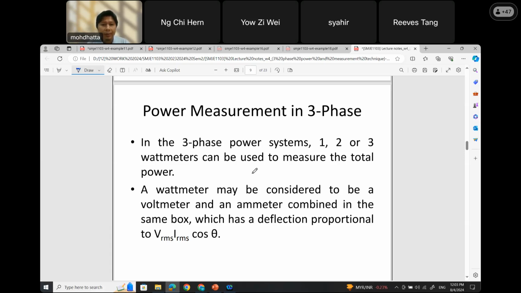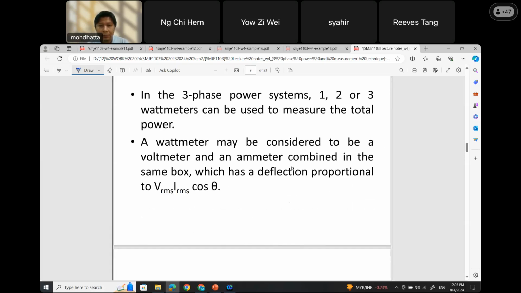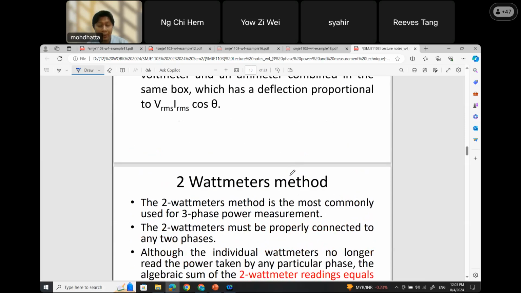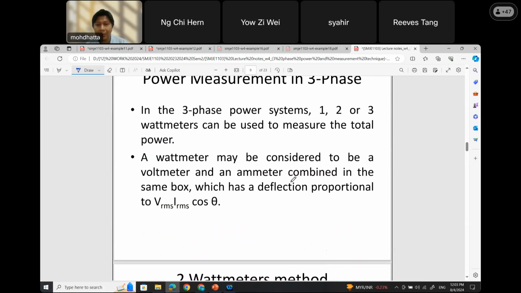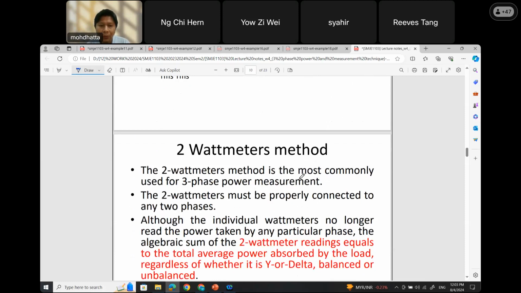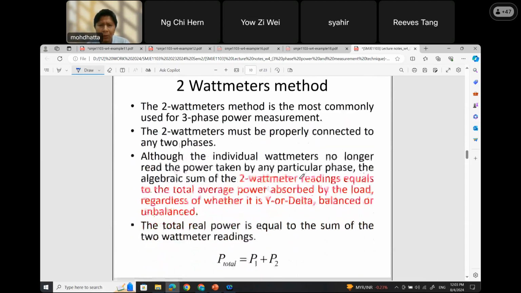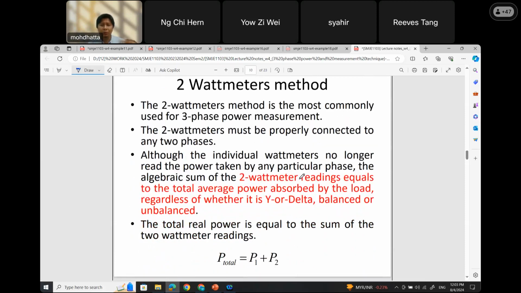We are focusing on 2 watt meters, because 1 and also 3 are very straightforward or very obvious. So we are trying to discuss 2 watt meters. Basically, in industry, the normal practice is that the load will be unbalanced.